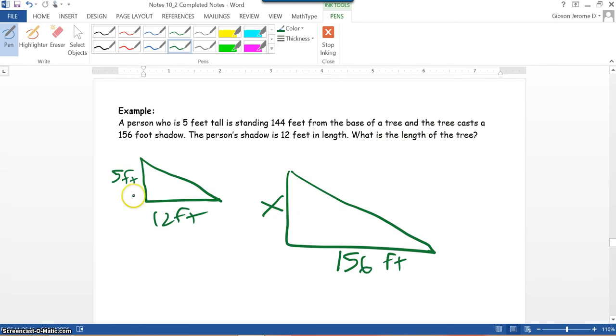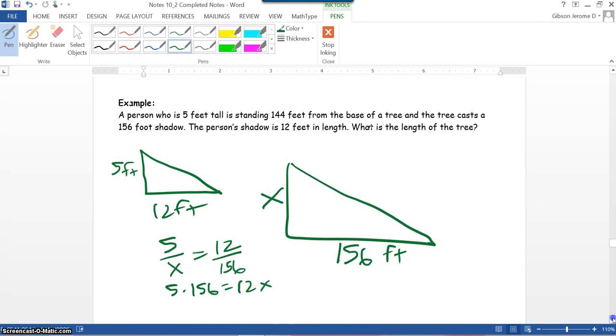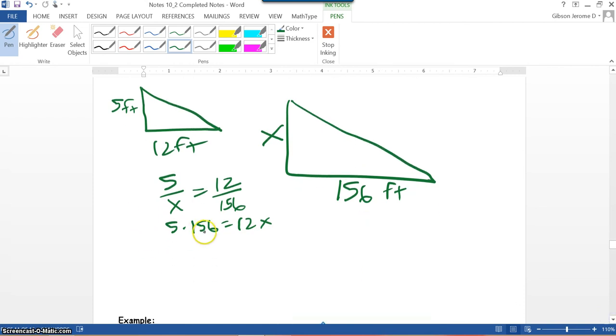So this is what we would do. We would do the proportion. We would have 5 over x is equal to 12 over 156. Now we can do cross multiplication. 5 times 156 is equal to 12 times x. Now 5 times 156, we got 0, carry our 3, that's 8.